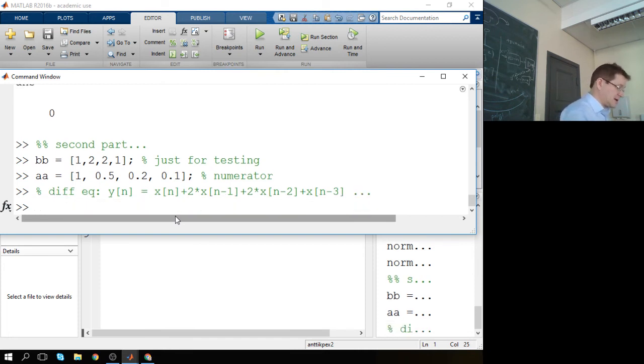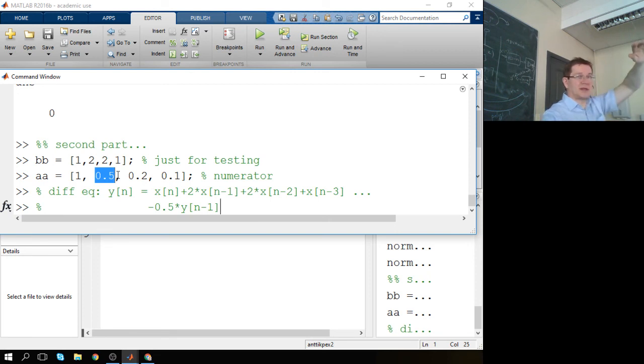And then the second part would be for the feedback terms: minus 0.5 times y of n minus 1. Okay, remember, if this is on the left-hand side, what happens when you move it to the right-hand side of the equation?